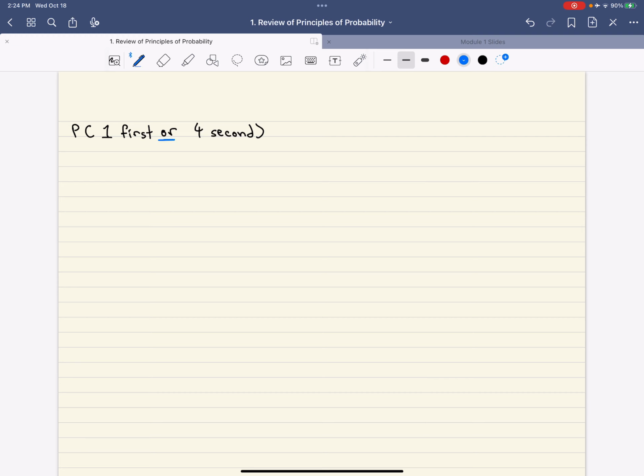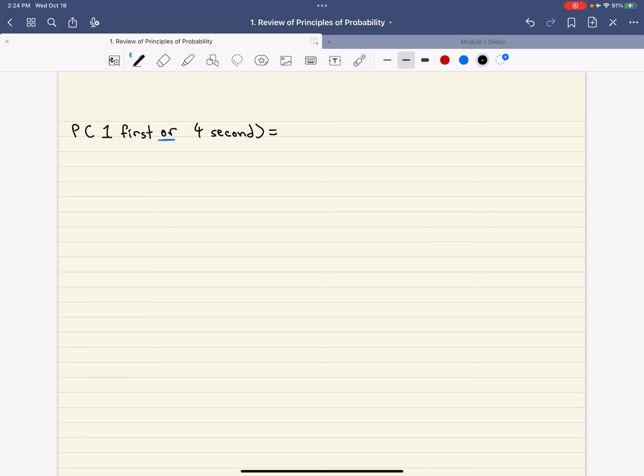Okay? Alright, and so in order to calculate this, because we're dealing with an "or" here, we need to apply the addition rule, right? And so we're going to break our process up into different events that are occurring, right? And so we need to consider all the different events that would satisfy this logical relationship, okay?